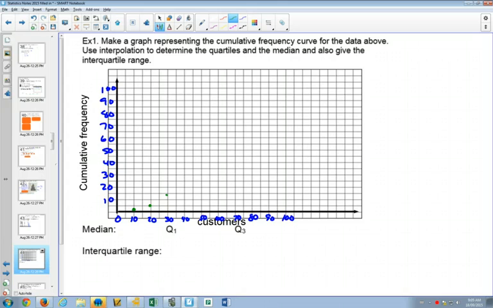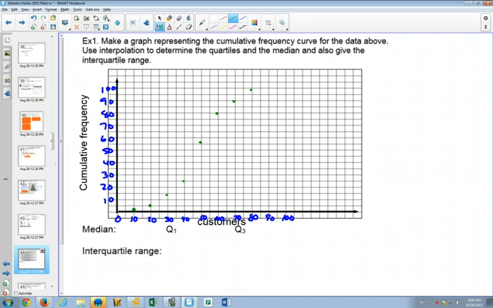Then 25, right before 40. 57, right before 50. 80, right before 60. 90, right before 70. 99, right before 80.